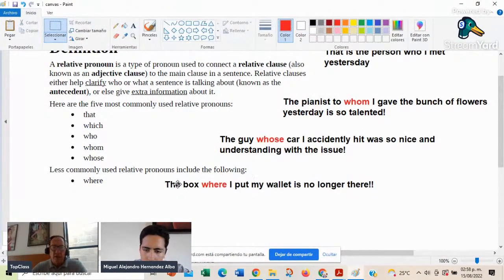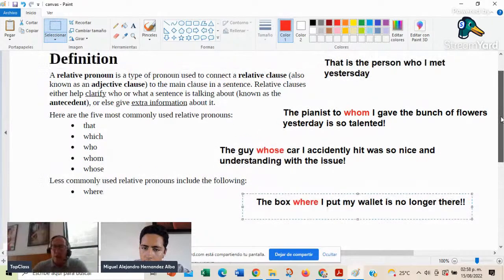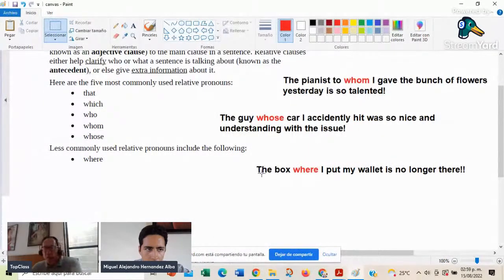Exactly. Very good. So these are all relative clauses. I mean, not relative clauses. Relative pronouns that allow you to use relative clauses. The relative pronoun is used to connect relative clauses, right? Which is a very important device to connect different phrases.